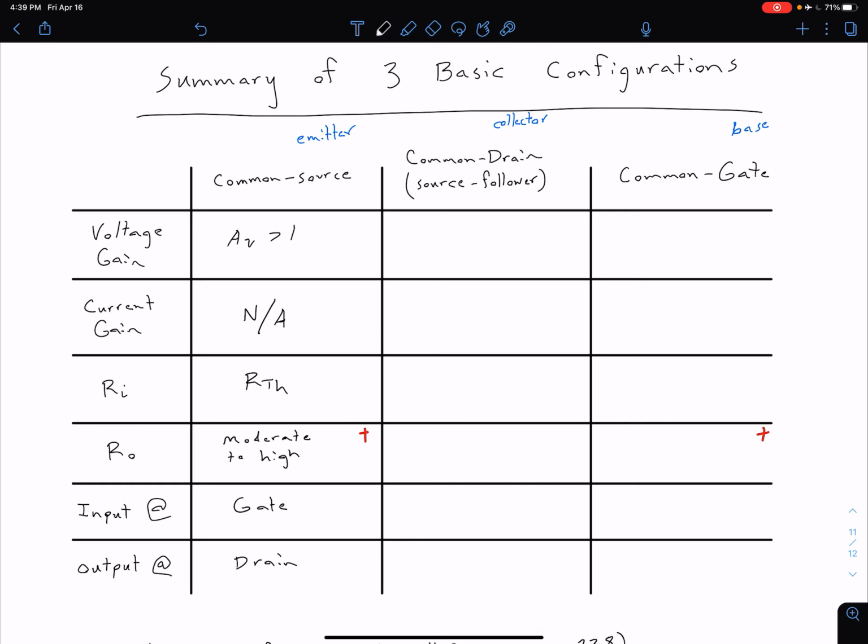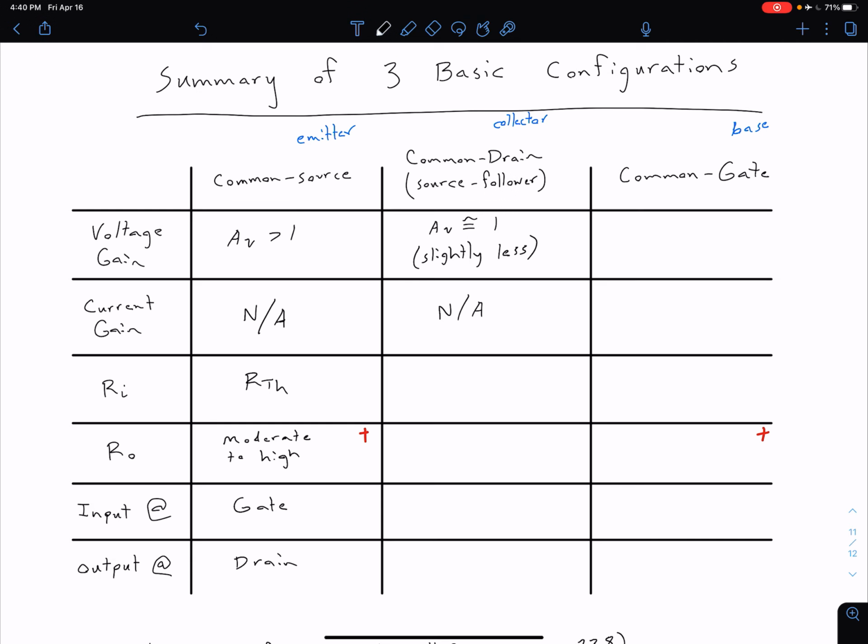For our common drain, which is also called a source follower amplifier, we see that our voltage gain is approximately equal to 1, but just like we saw with our common collector or our emitter follower, it's going to be slightly less than 1. So it's going to be something like 0.9 or 0.95 or something a little bit less than 1. Again, we're not going to have any current gain, and we'll talk about that a little bit later on.